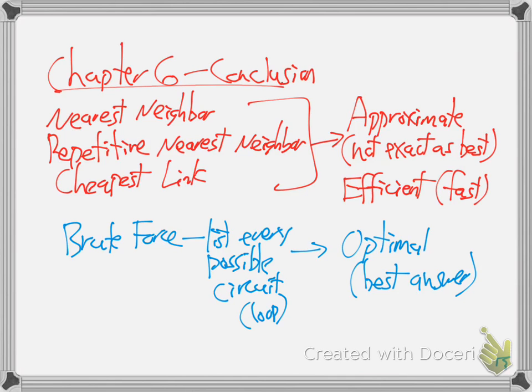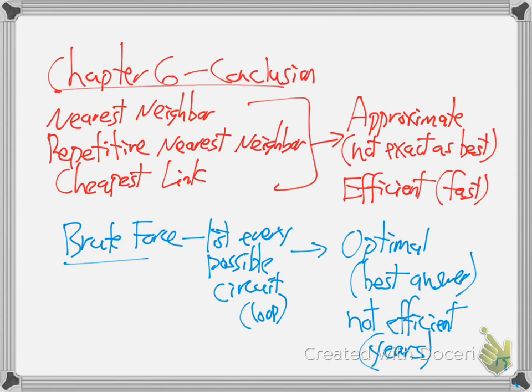But the problem is, it's, do we just say inefficient? Is that the word? Yeah, I guess we do. It's not efficient. It's super slow. Years, even for the supercomputer.